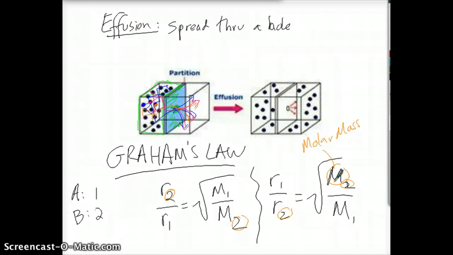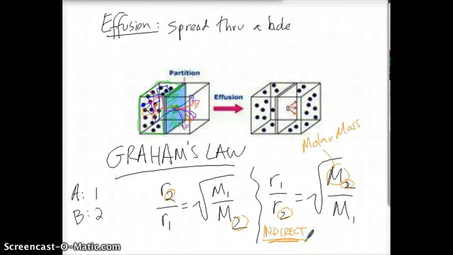So what that represents is that there's an indirect relationship between molar mass and rate of effusion, or speed. Basically, heavier molecules, if molar mass is bigger, the rate that they effuse, or the speed that they effuse, is slower. Or another way of saying that is lighter molecules effuse at a faster rate. There's an indirect relationship between the two.